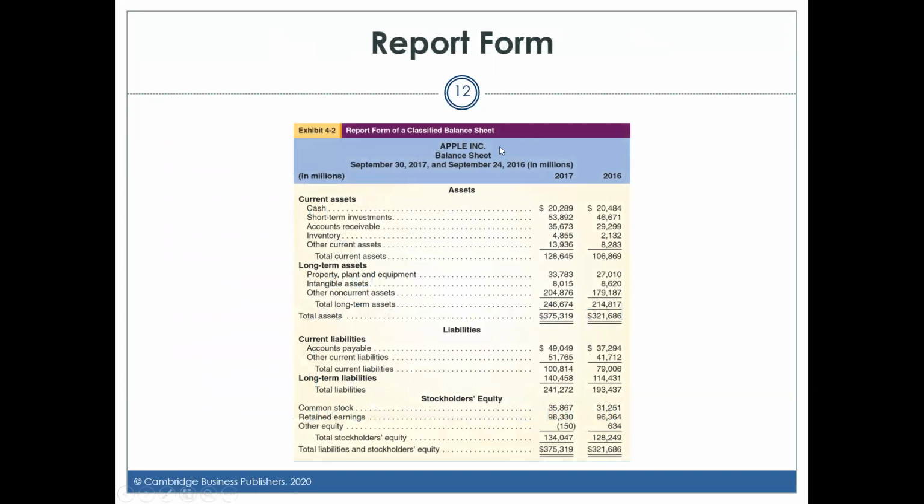And this is the full Apple Incorporated balance sheet. Actually, these are comparable balance sheets, classified balance sheets for 2017 and 2016. Apple's fiscal year ends September 30th of a given year.